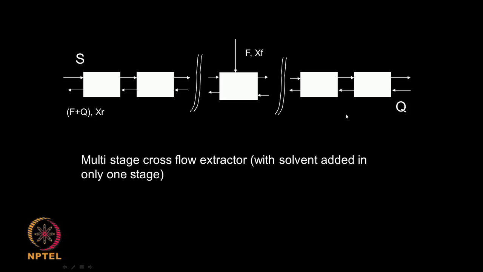So, this is called a multi-stage cross flow extractor. Solvent is added only in one stage. In the normal cross flow, solvent is added in each of the stages, whereas here it is added in only one stage.